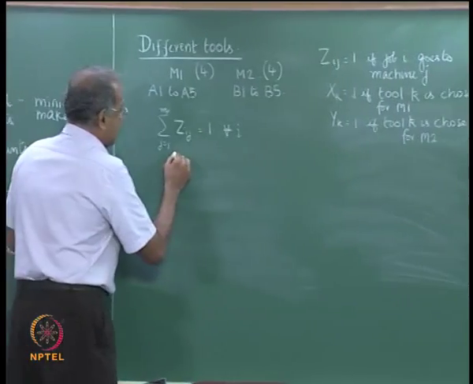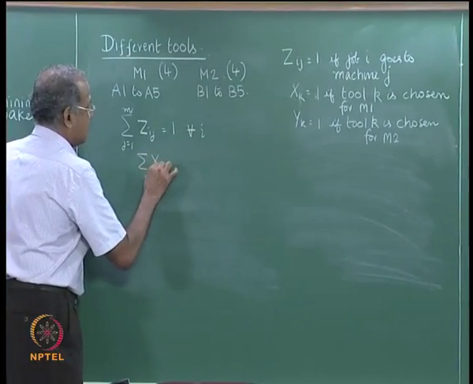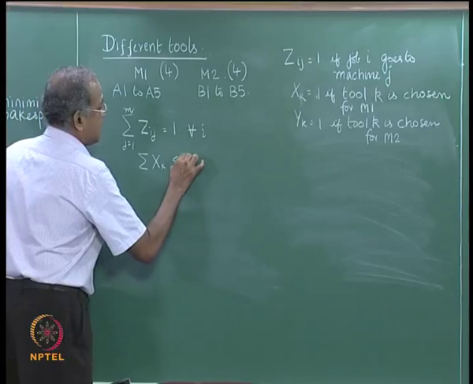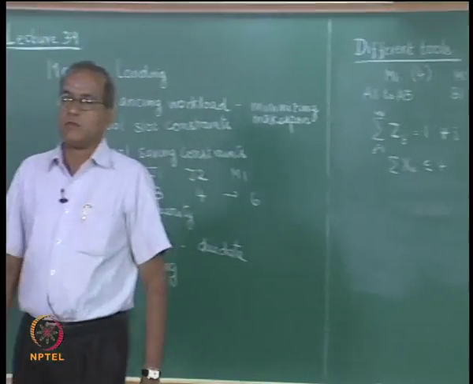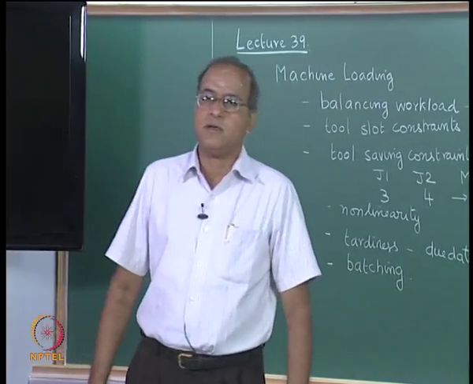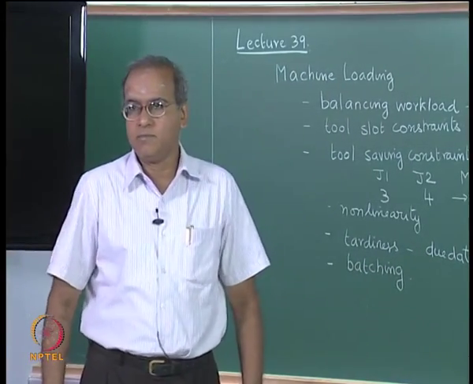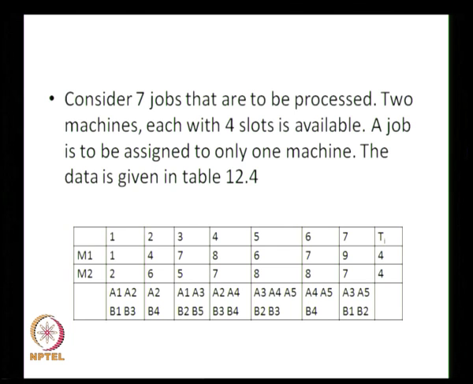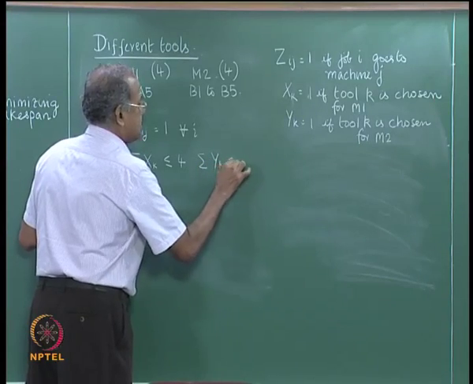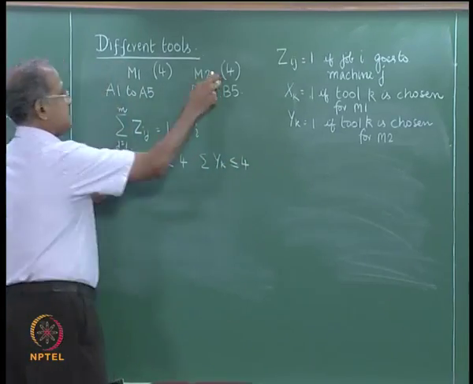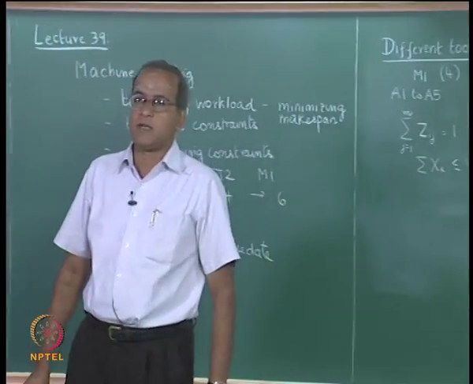Now, sigma xk is less than or equal to t, in this case 4, where a maximum of 4 tools can go to machine 1. Similarly, sigma yk is less than or equal to 4 because machine 2 also has a capacity of 4.